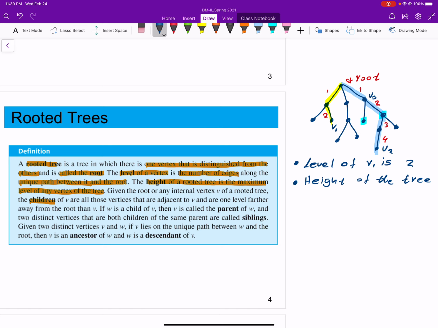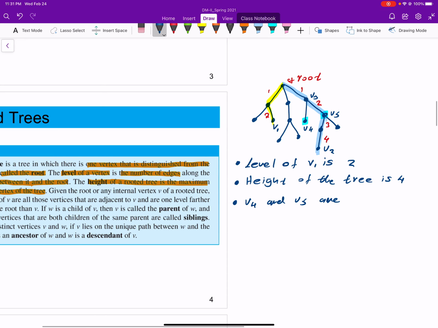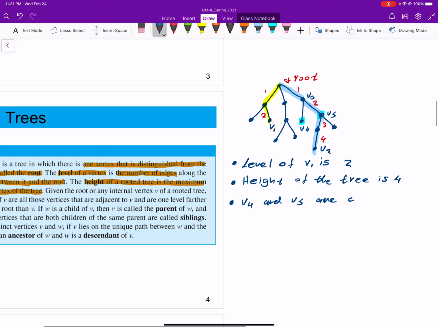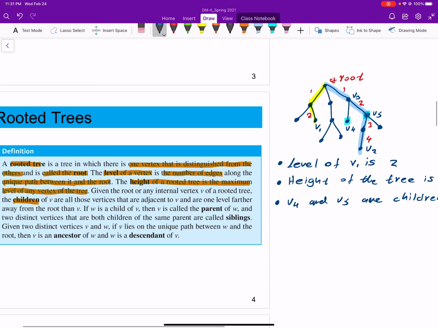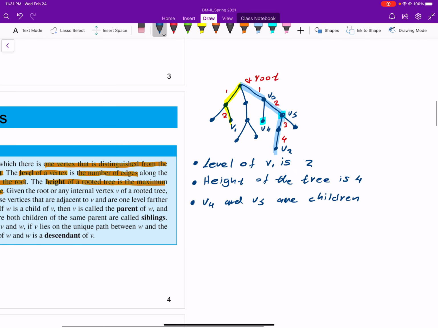Okay, let me mark them as V4 and V5. V4 and V5 are children of V3.